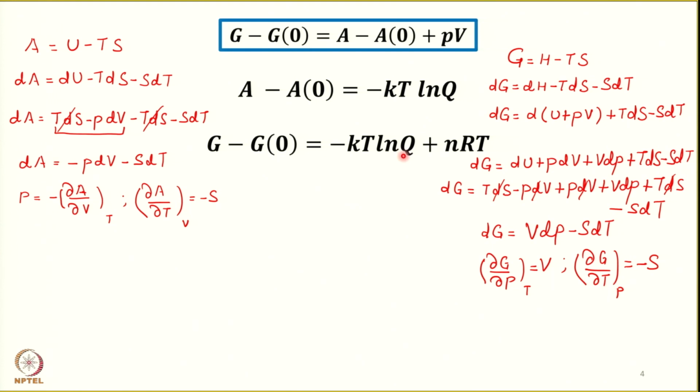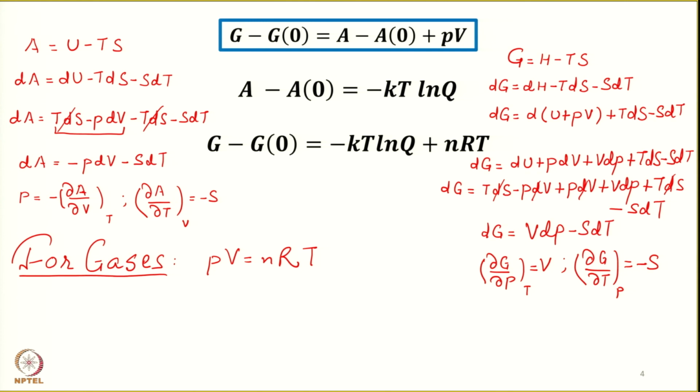Okay. Now, if we selectively consider only gases, for gases, PV is equal to nRT. When I write PV is equal to nRT, that means I am assuming that the gas under consideration is an ideal gas.